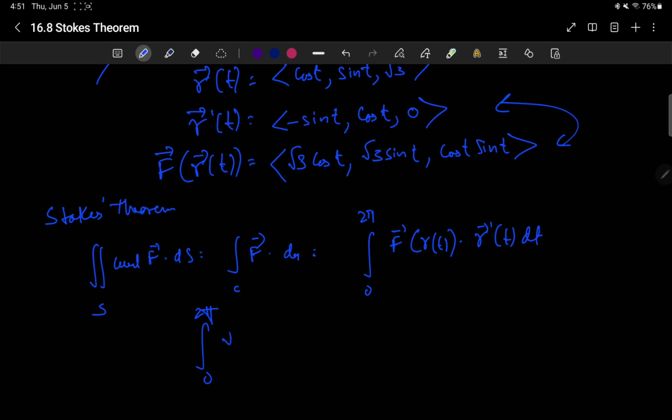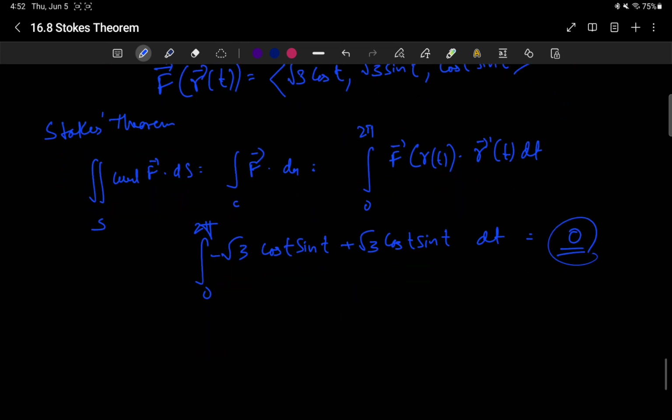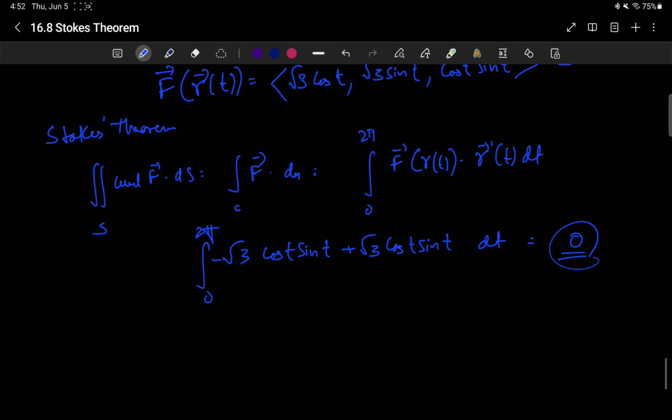So all you have is negative root 3 cosine t sine t plus root 3 cosine t sine t dt, which is 0. So we did not have to find the surface integral. By using Stokes theorem, we changed the surface integral into a line integral, which came out to be 0 anyway. And so that's one of the other applications for Stokes theorem.